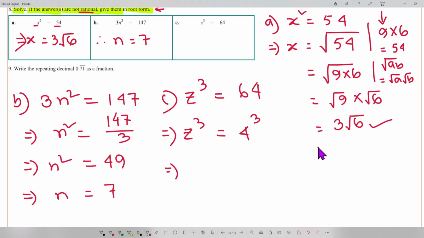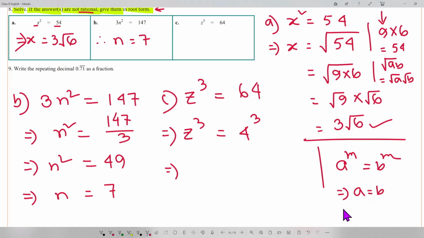We know as per the law of indices, if a to the power m equals b to the power m, then a equals b. Why? Because once the powers are equal, the bases will be equal. So here z equals 4, our answer.